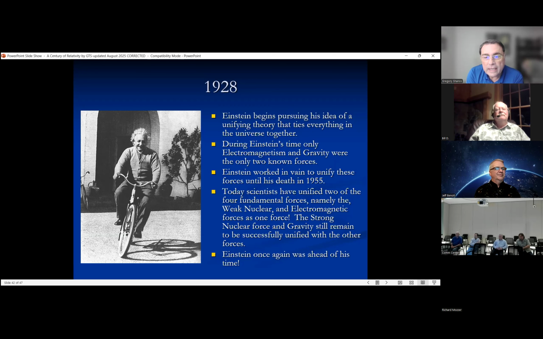The electromagnetic and the weak have actually been unified, and that was a Nobel Prize winning thing. But the strong and gravity have not yet. See, so Einstein was once again ahead of his time because he was trying to unify all the known forces. And here he is riding a bike.